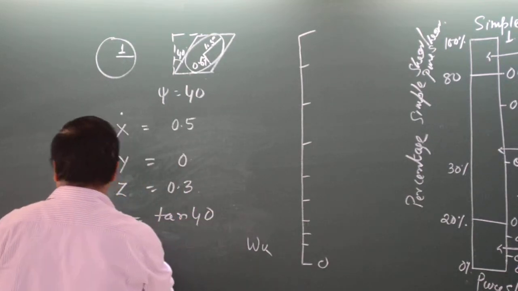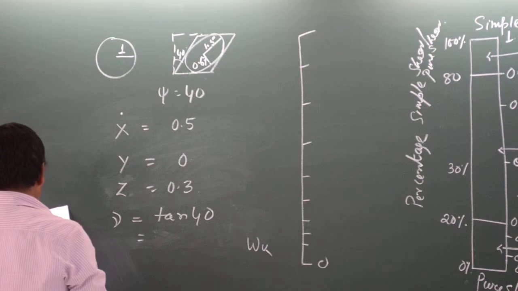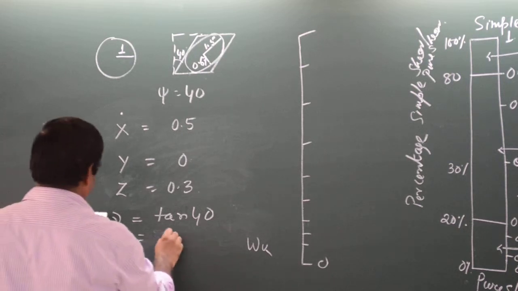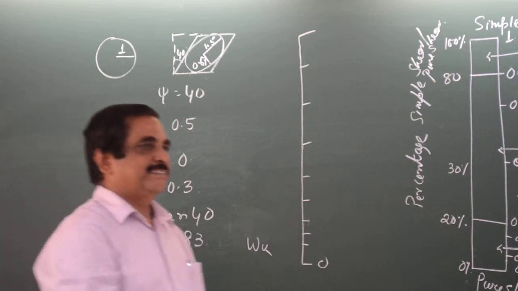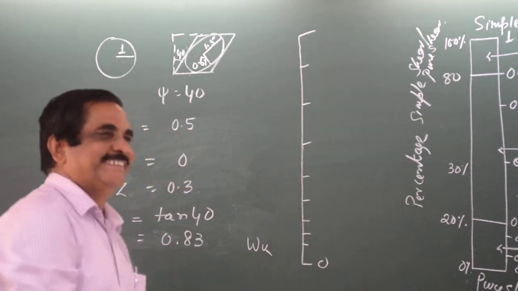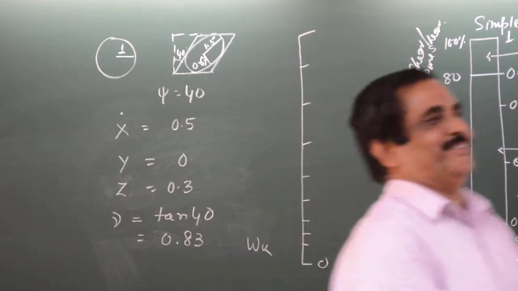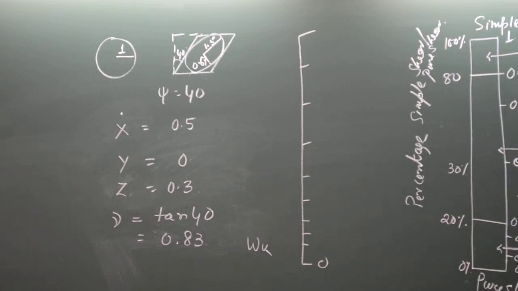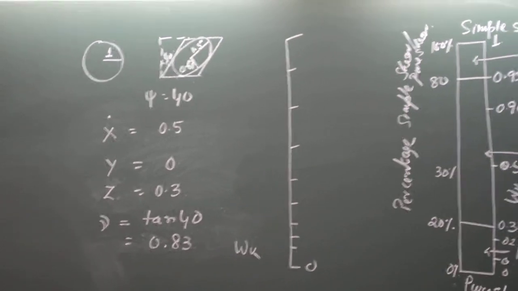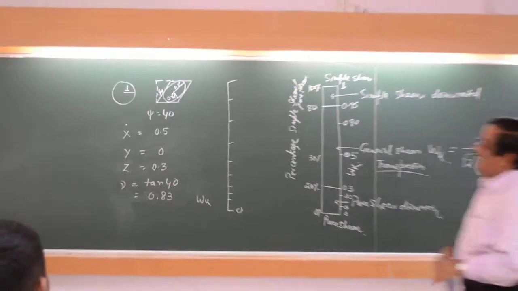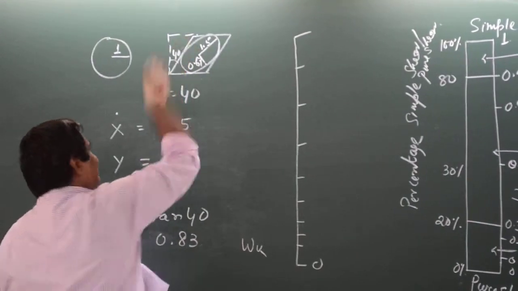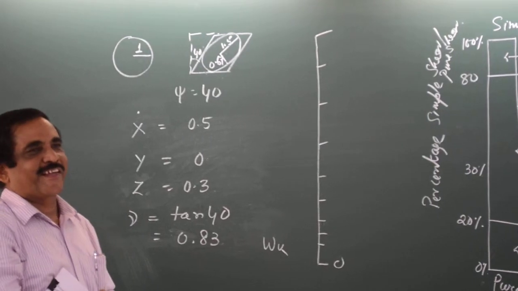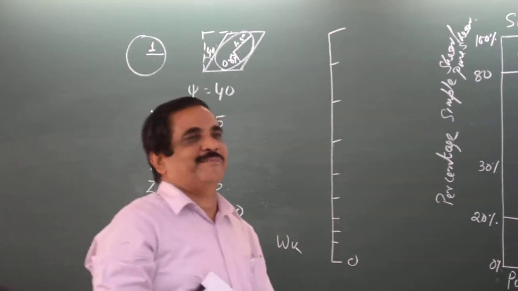Tan 40 is equal to how much? 0.8. So many steps are involved, if you do not follow, then you won't get it. This psi value is given, and from psi you can find out gamma.